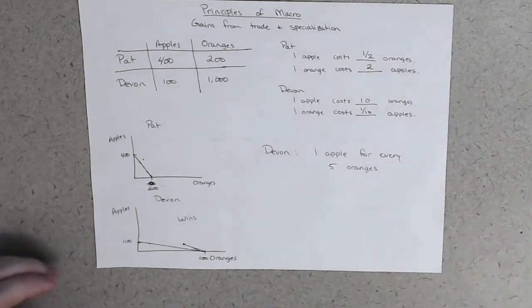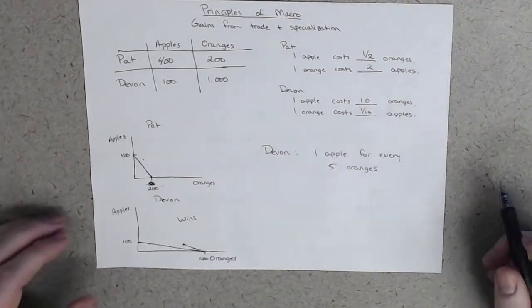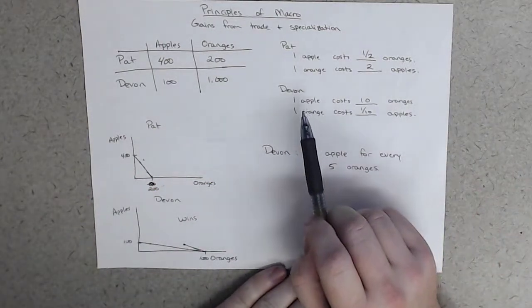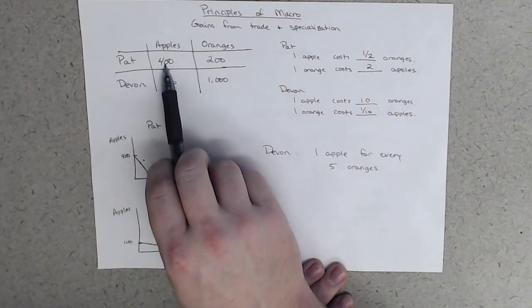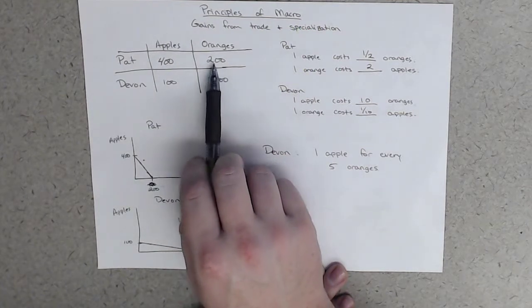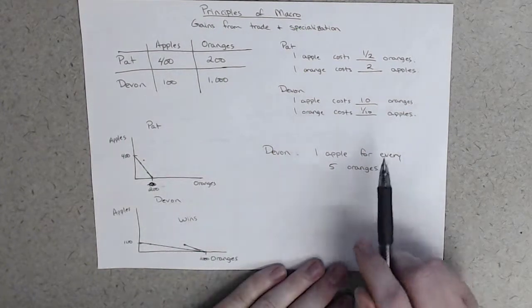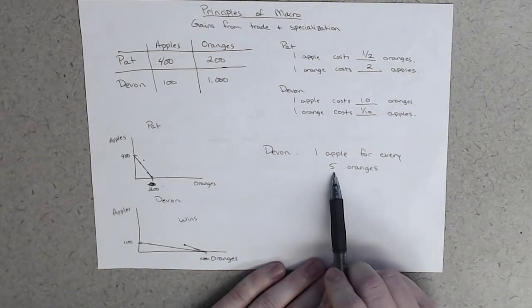So Devin wins. We've done Devin, but what about Pat? Does Pat win? Pat used to grow only apples, and to get an orange, he would have to give up 2 whole apples. But now, when he gives up just 1 apple, he gets 5 oranges.